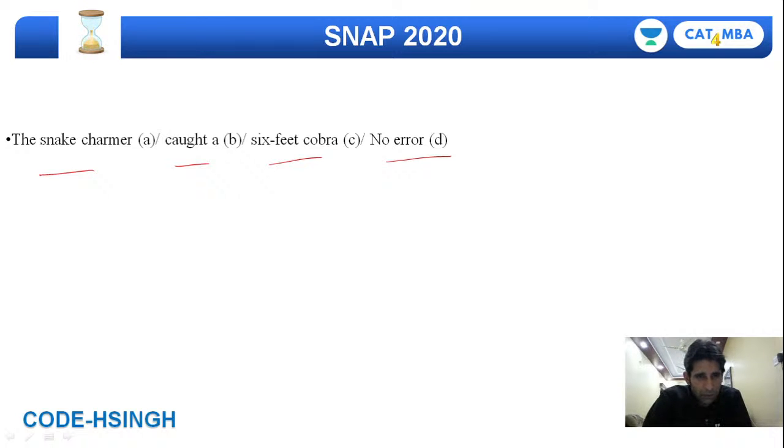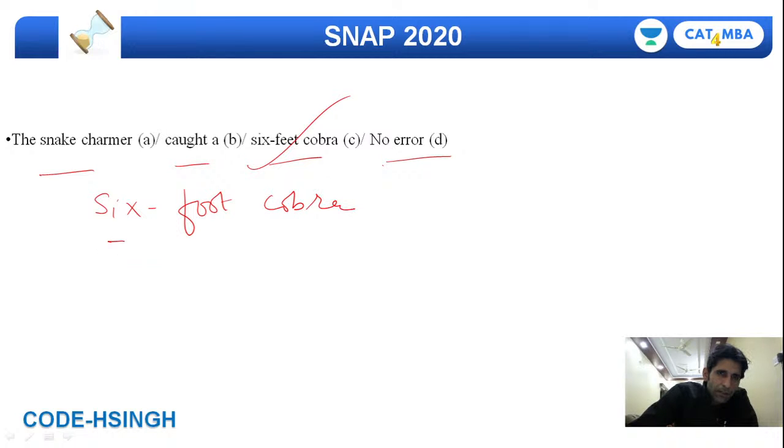Lokendra says D option, no error. Vidit Sogani says D option. Chalo, guys, let me tell you the answer. I think almost all of you have got this wrong. Okay, the answer is going to be C option, that is 6 foot cobra.